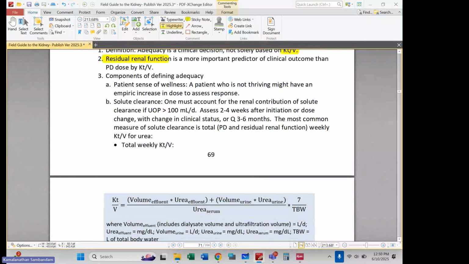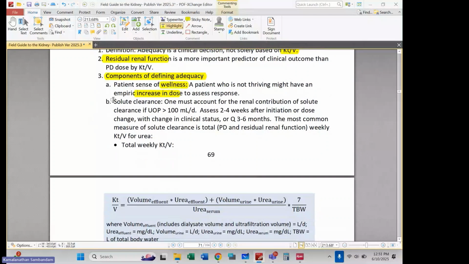Now, again, defining adequacy should not be solely based on Kt/V. If a patient is not feeling well, some would argue empirically increasing dose and reassessing the patient to see whether they feel better.